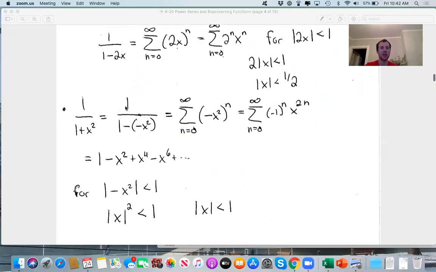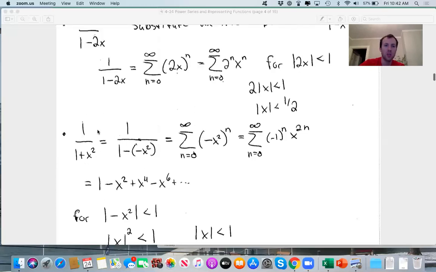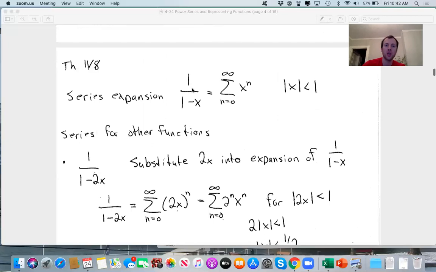So we can do the same thing if we look at 1/1 plus x squared. What we want to do is rewrite this 1/1 plus x squared so it looks like 1/1 minus something. And that something is what's going to be raised to the nth power.